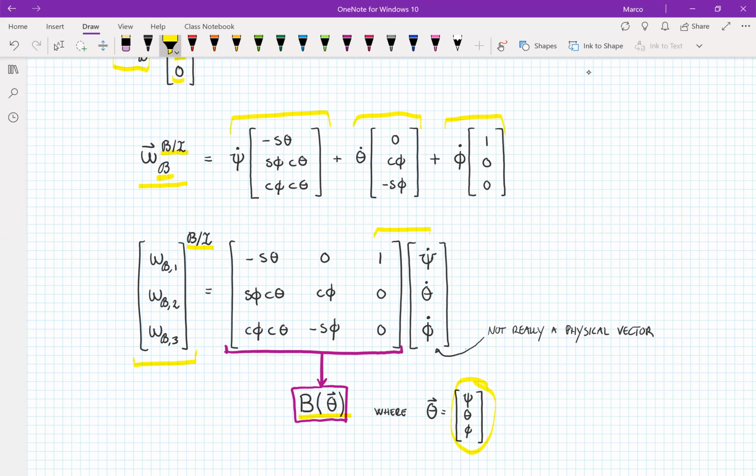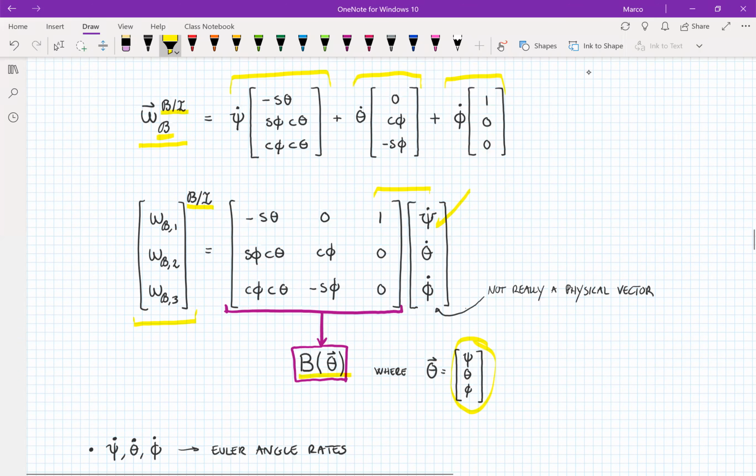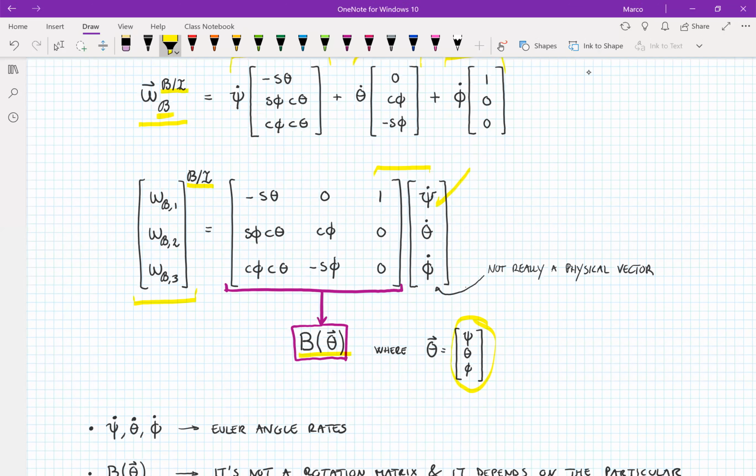And then it multiplies this other vector of psi dot, theta dot, and phi dot. Here I just want to tell you two things. First of all, the psi dot, theta dot, and phi dot are called the Euler angle rates. Those are the rates at which the Euler angles change.